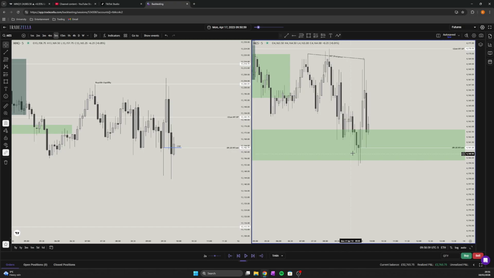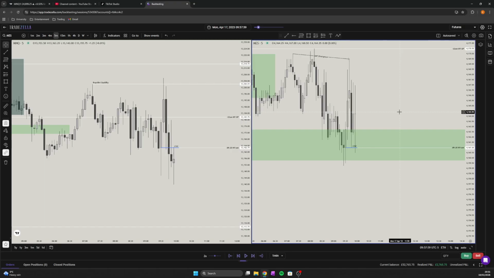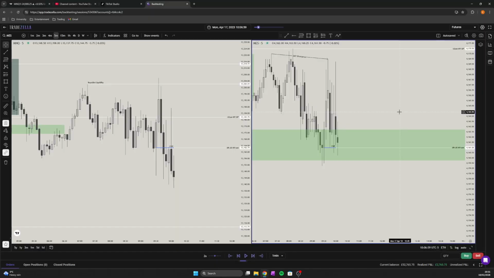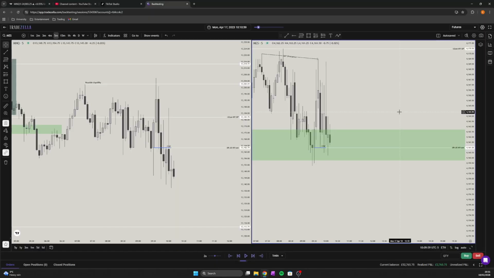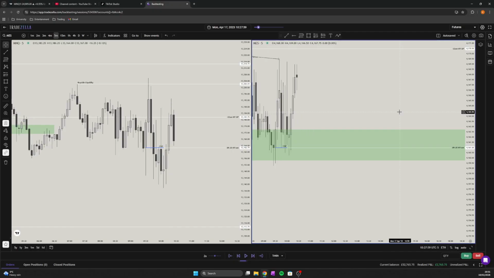I kind of want to see a change of the state delivery here, right? On the SMT pair. So we are just going to simply do what? Wait. Don't really get what price is doing at the minute.